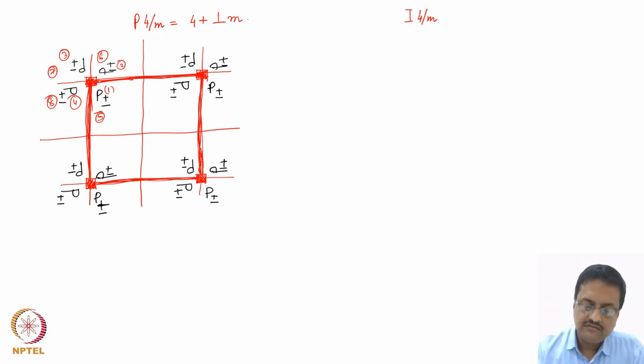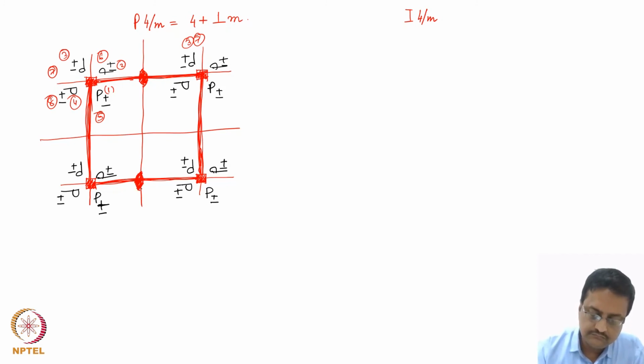So this point is 3 and 7, 1 and 5. So they are related by a two-fold axis here. These are all two-fold axes.